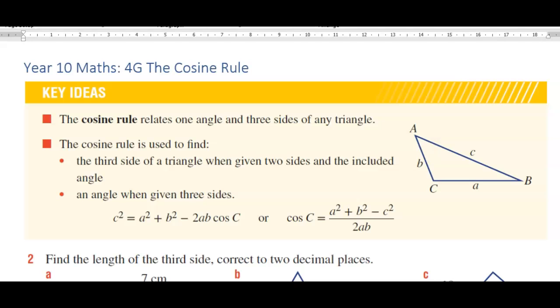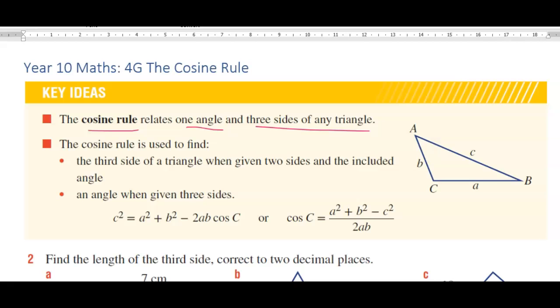But basically, as it says on the first point here, the cosine rule relates one angle and three sides of any triangle. So it just depends on what sides you have.